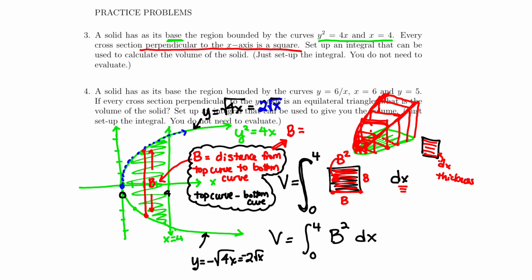You are 100% correct. But when I throw a negative in front of it, it gives me only the bottom curve. So the negative puts me only at the bottom. And so if I want to get the distance between that upper 2 square root of x and the bottom negative 2 square root of x, I have to subtract the top curve minus the bottom curve. Gavin.